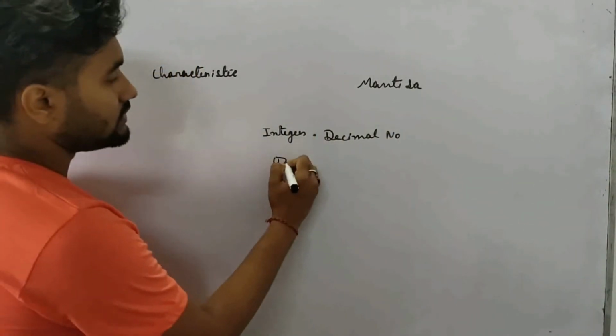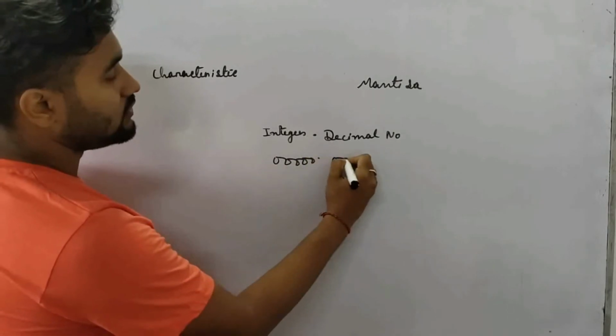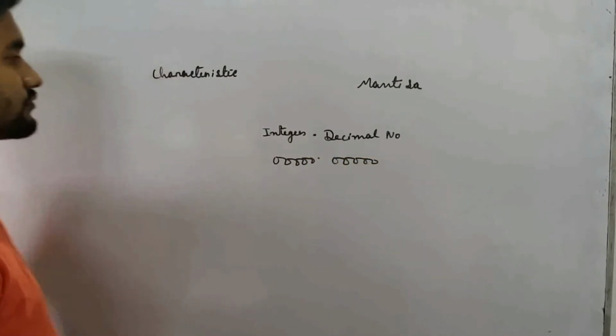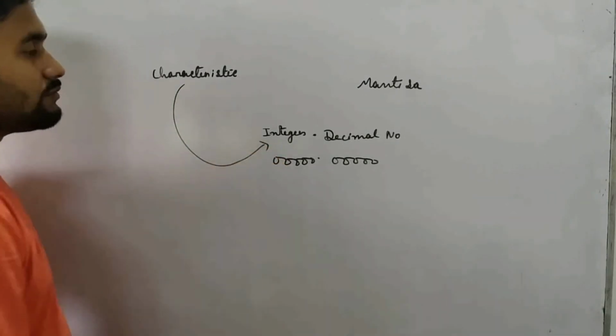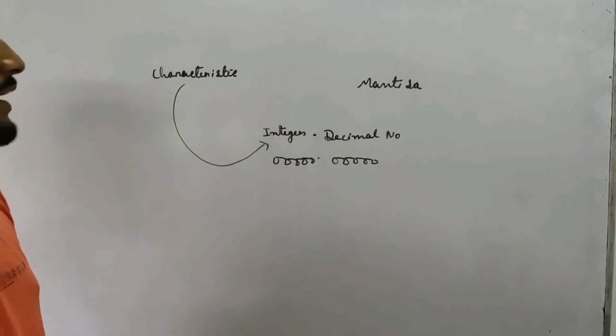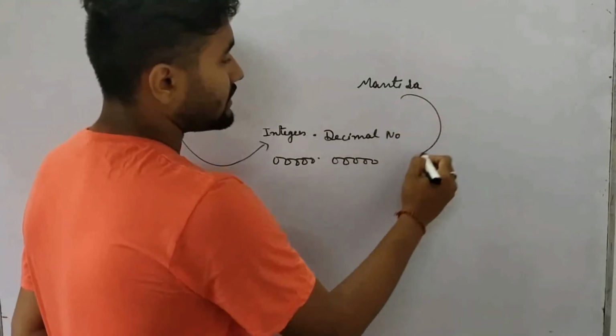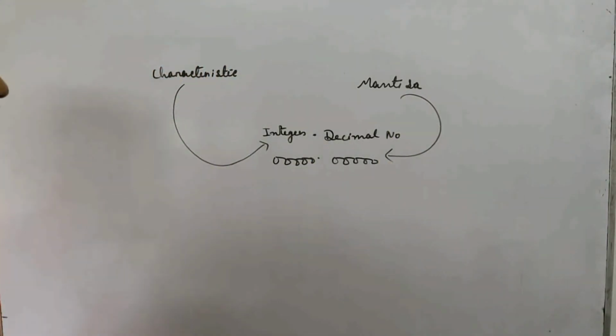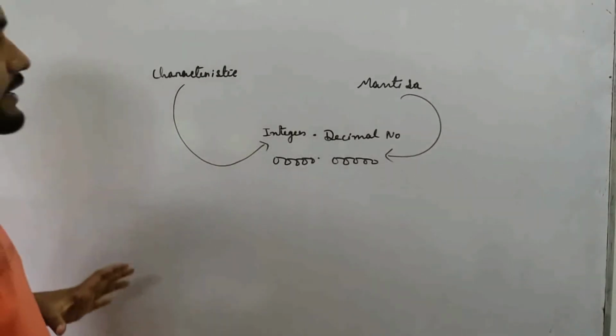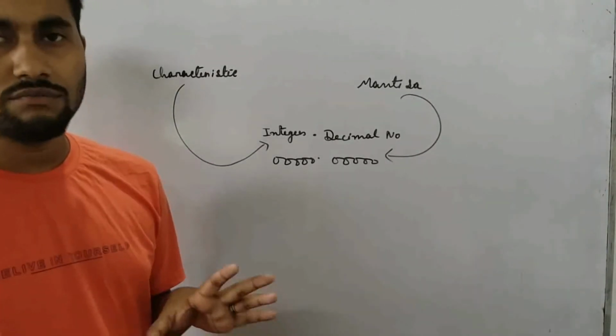Like this, say 0.0000 like this. So when we talk about characteristics, we mean about this part, okay? And when we talk about this mantissa, we mean discussing about this decimal part. Understood? So this is characteristics and this is mantissa in simple terms, okay?